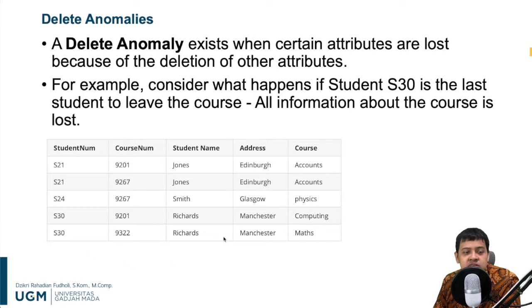So if this was deleted, then the course number 9322, which is math, is going to be gone as well. That's the delete anomaly. A simple way to explain is that we delete something that was supposed not to be deleted. That's the delete anomaly.